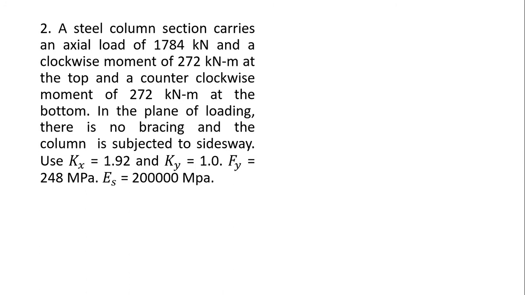In the plane of loading, there is no bracing and the column is subjected to sideway. Use Kx equals 1.92 and Ky is equals to 1.0. Fy is equals to 248 MPa and Es is equals to 200,000 MPa.